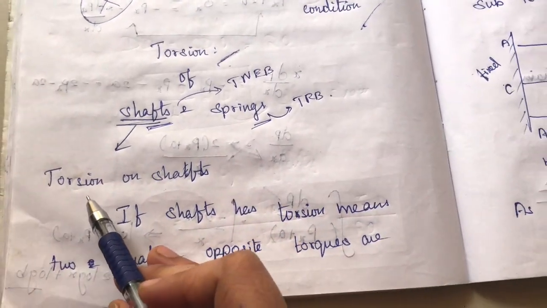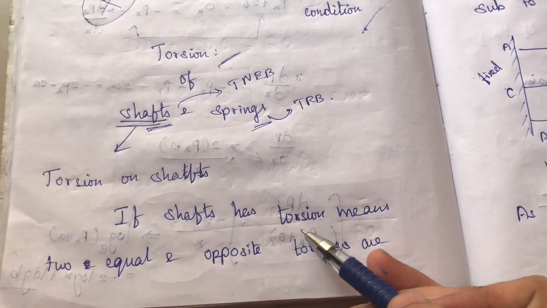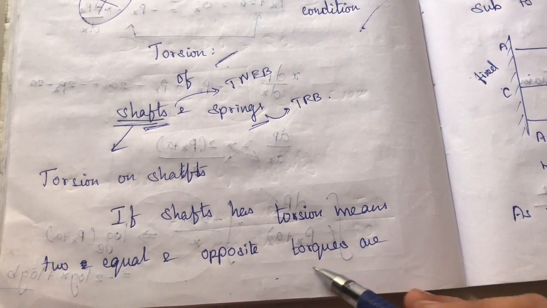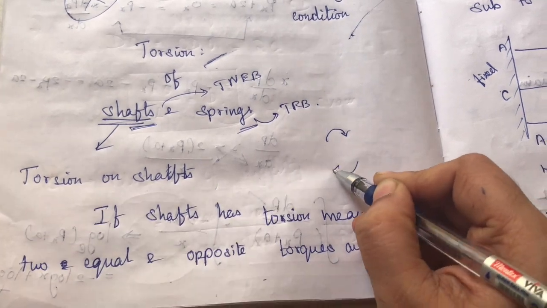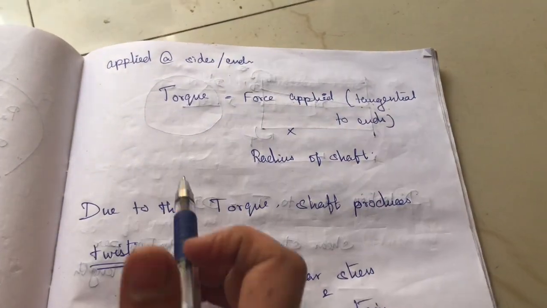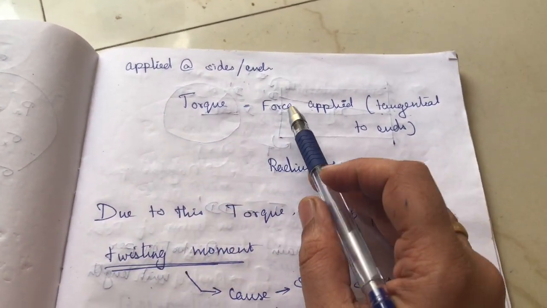So first one, torsion on shaft. If a shaft has torsion, it means two equal and opposite torques, so twisting forces are acting at the ends of the shaft to rotate it, right? At the ends or sides. So torque means what?